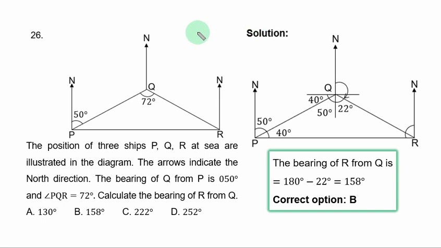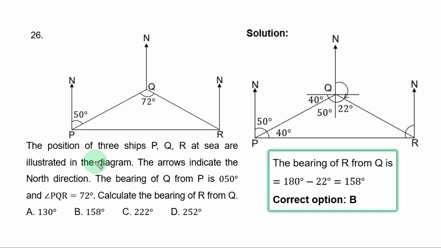Question 26. The position of three ships P, Q, and R at C are illustrated in the diagram. The arrows indicate the north direction.